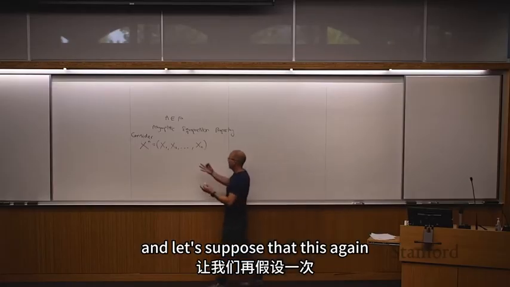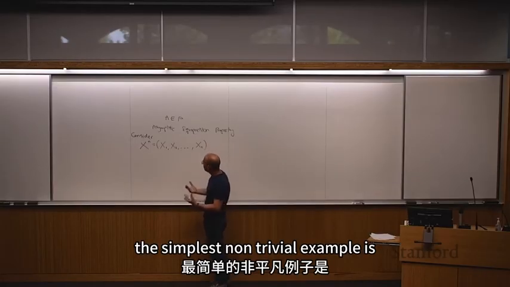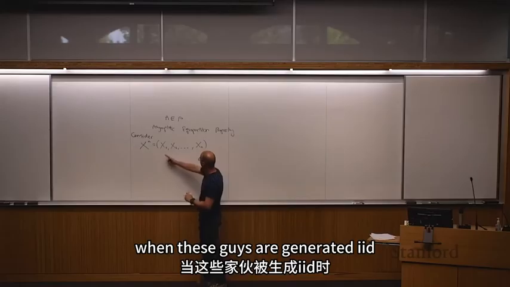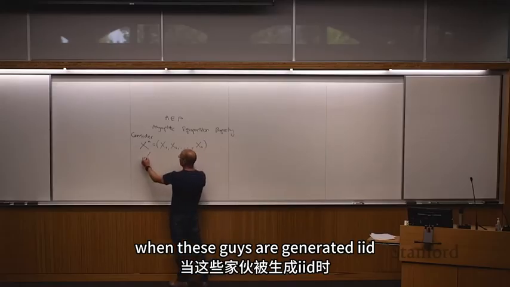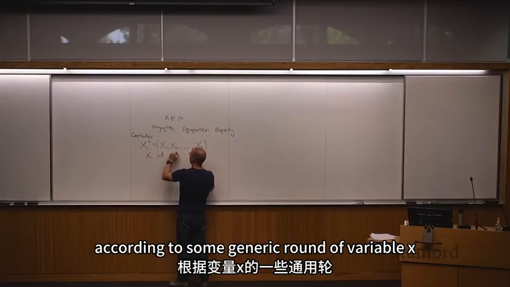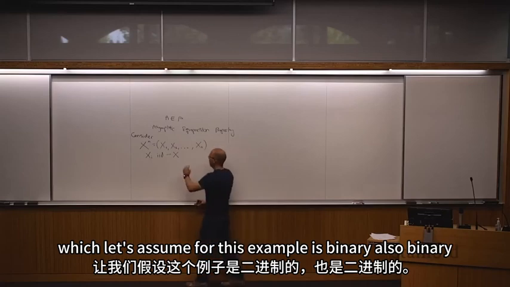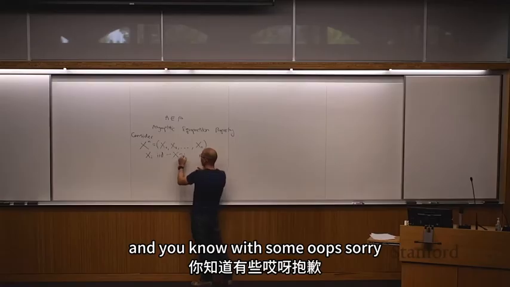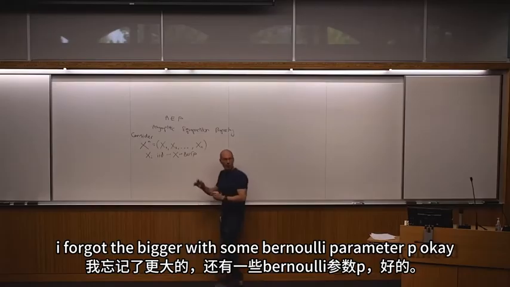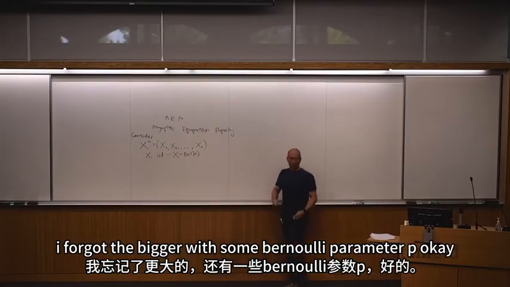And let's suppose that, again, the simplest non-trivial example is when these are generated IID according to some generic random variable X, which let's assume for this example is binary, with some Bernoulli parameter p.